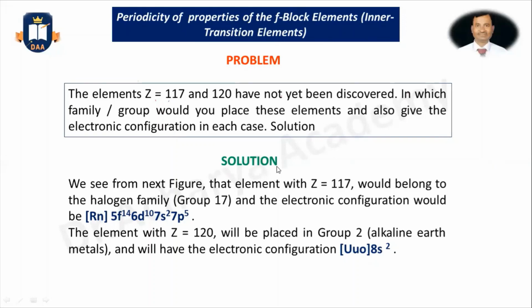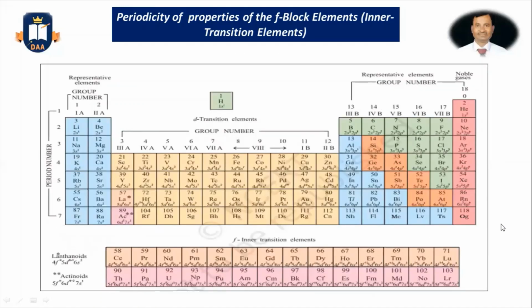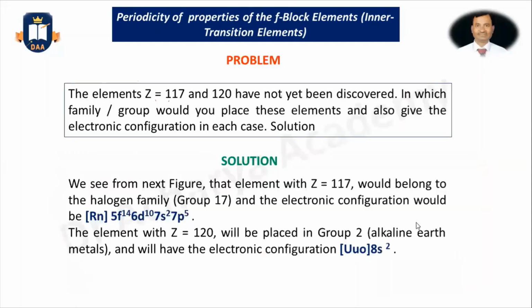So now the solution. For the solution, we go to the next figure. This is element 117, and its symbol is Ts. It belongs to group number 17, the halogen family.